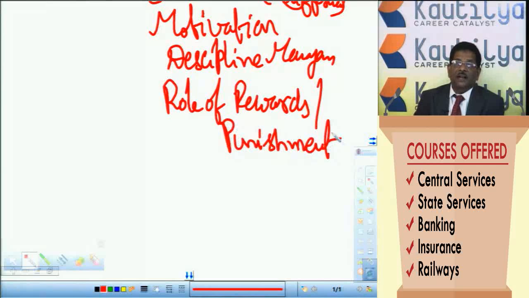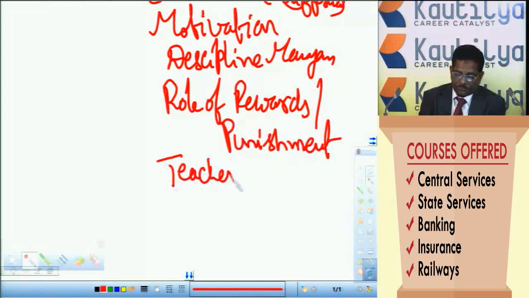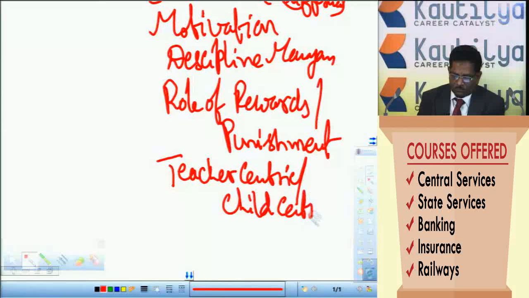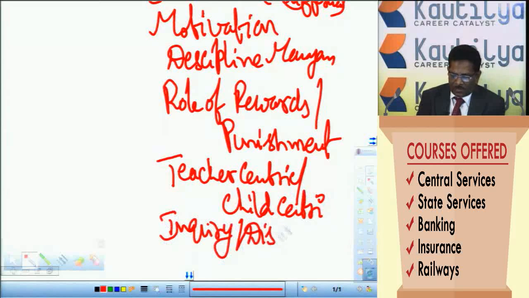Then the different strategies which can be adopted in the classroom are the teacher-centric method and child-centric method, or inquiry method, discovery method. So these are all various types of methods of instruction which are suitable according to the individual differences of the students in the classroom.